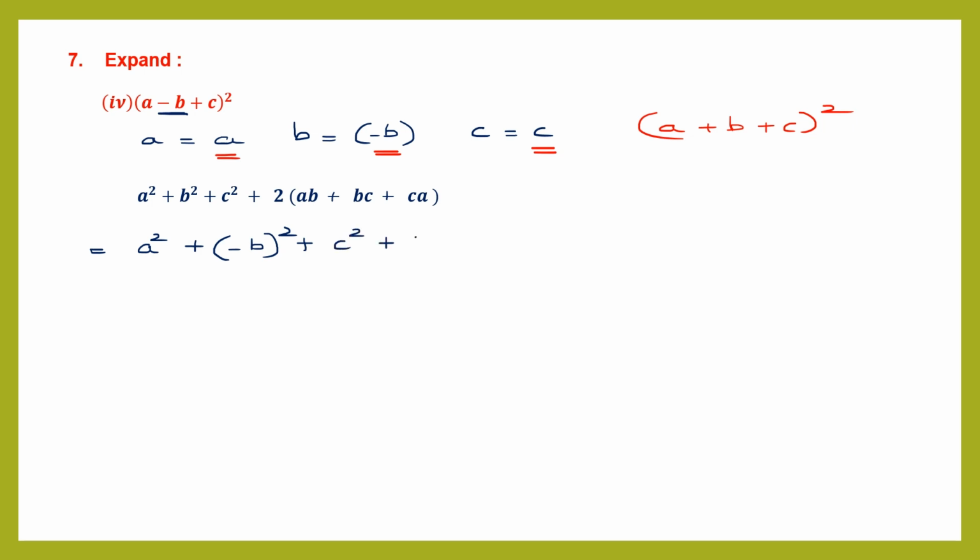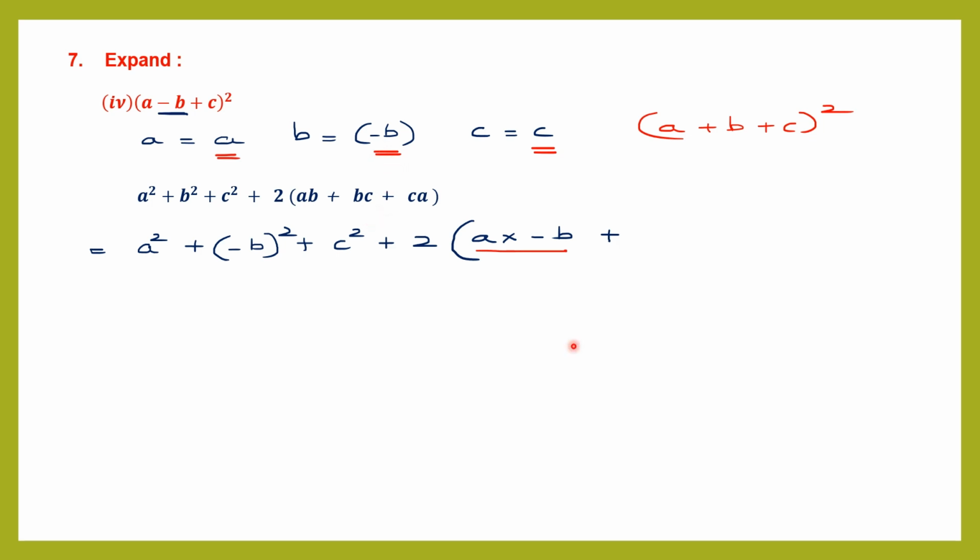Now let's go to the next one. 2 into, now ab means a into b. And a is a itself and b is minus b. So we have to write that carefully. So that will be a into minus b plus, so this is the first part. a into minus b is the first part. Then bc. b is minus b.